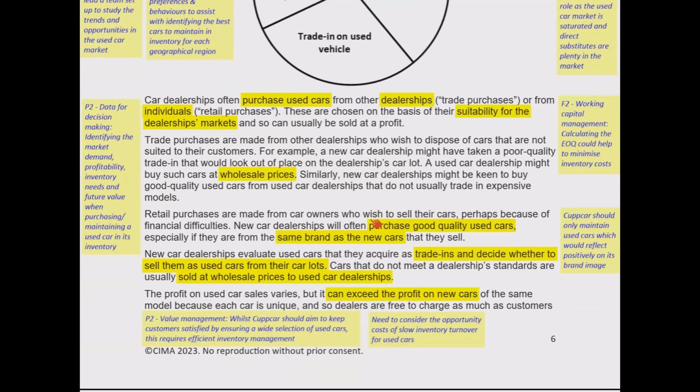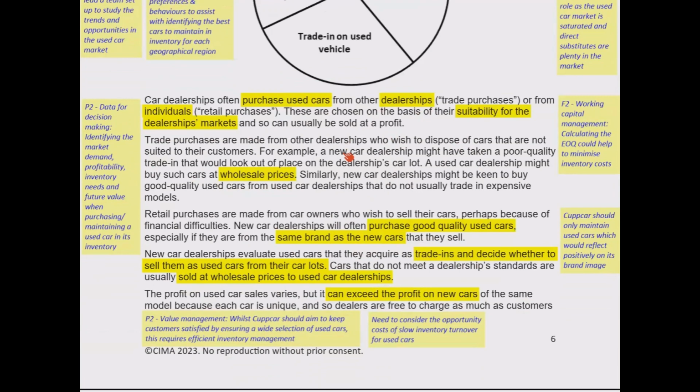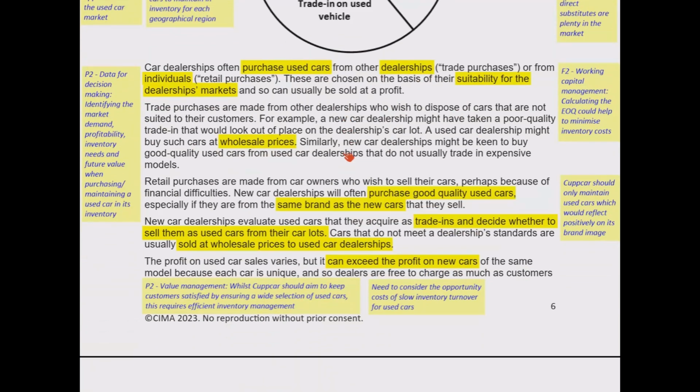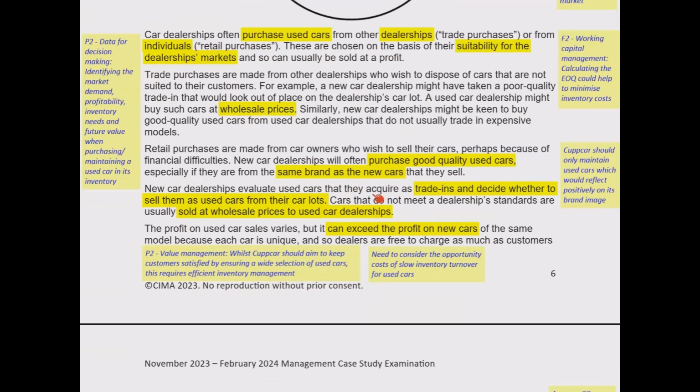Okay then, good. So this section here is telling us more about what I've just been talking about. And just at the bottom there, it's pointing out that, again, when they sell new cars, they have to consider the value that they might give a customer for the trade-in of one of their used cars.